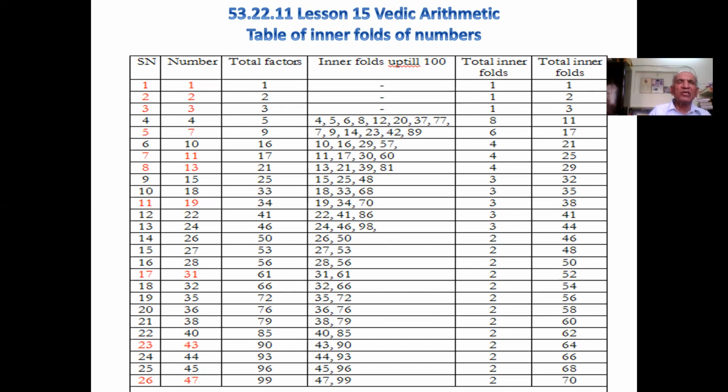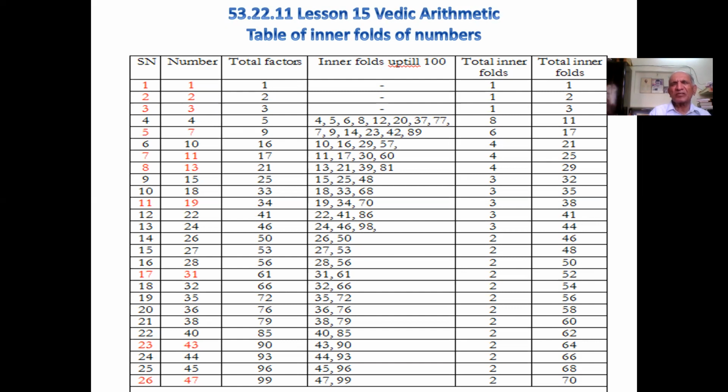Then the second column is mentioning those numbers whose factors have a further chain of inner folds. The total factors up till the particular number are mentioned in column 2. So 1 has only one factor.